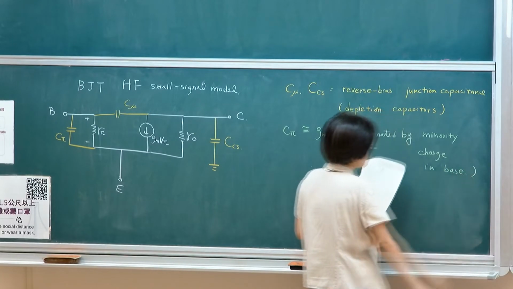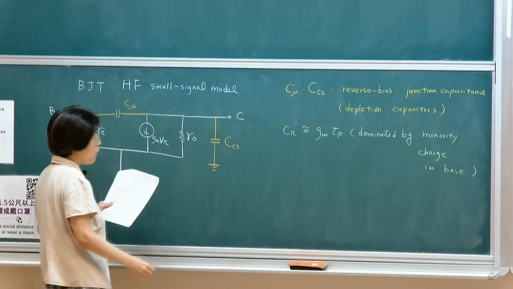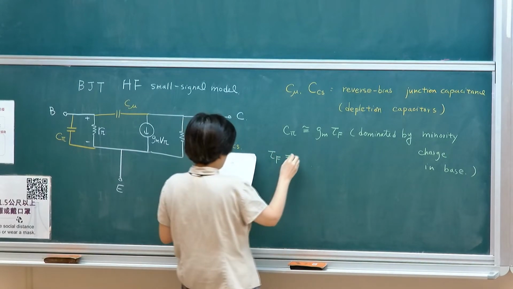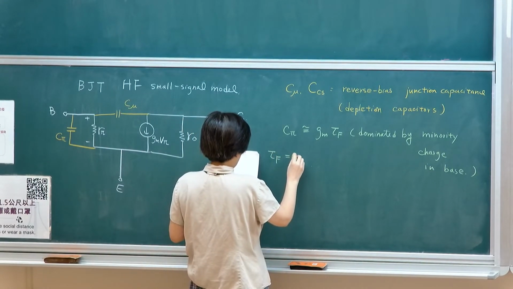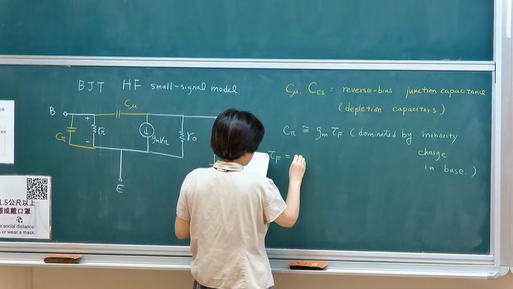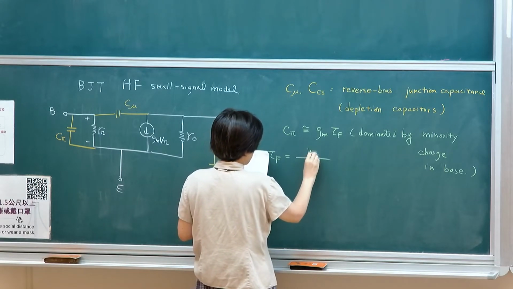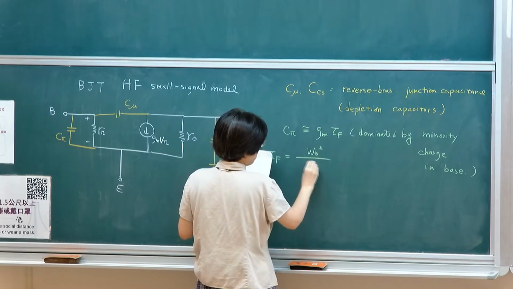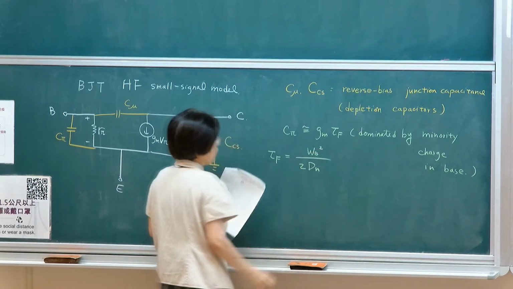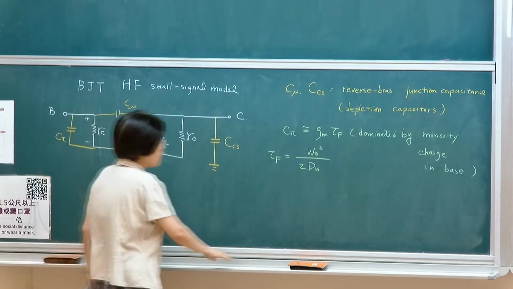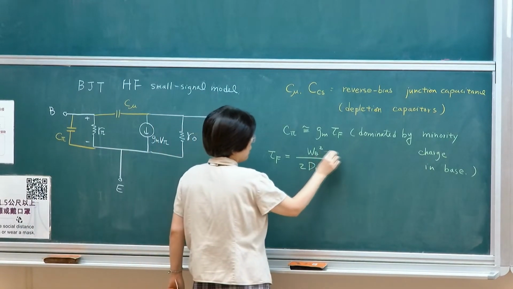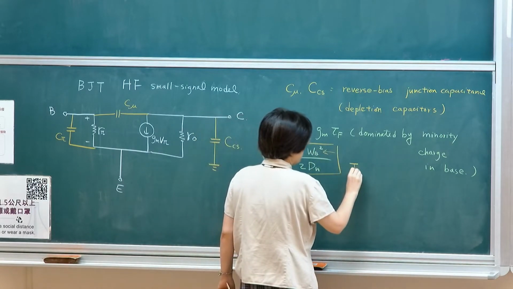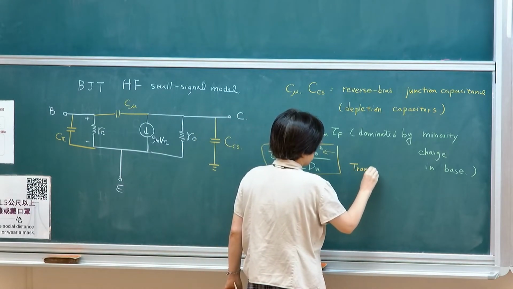As we said, we use Qn. So tau f is a time constant, which is WB squared over the diffusion constant, the diffusion time constant. So we know that this is fixed. This is a constant because it is typically referred to as the transit time.